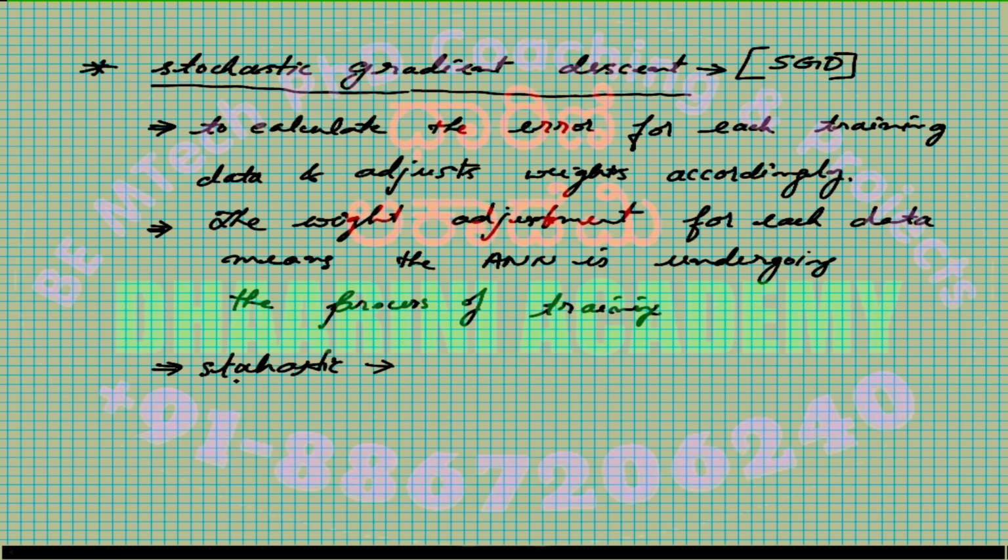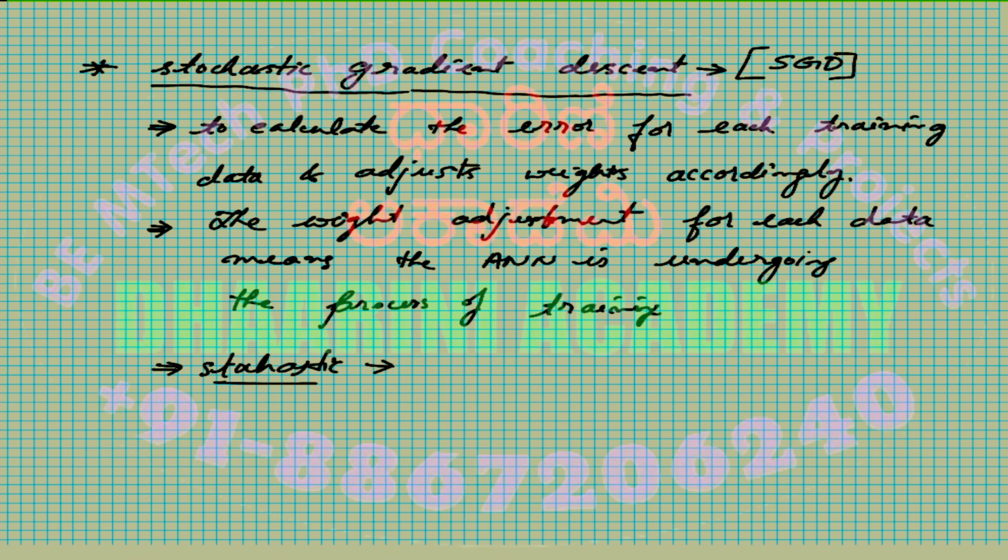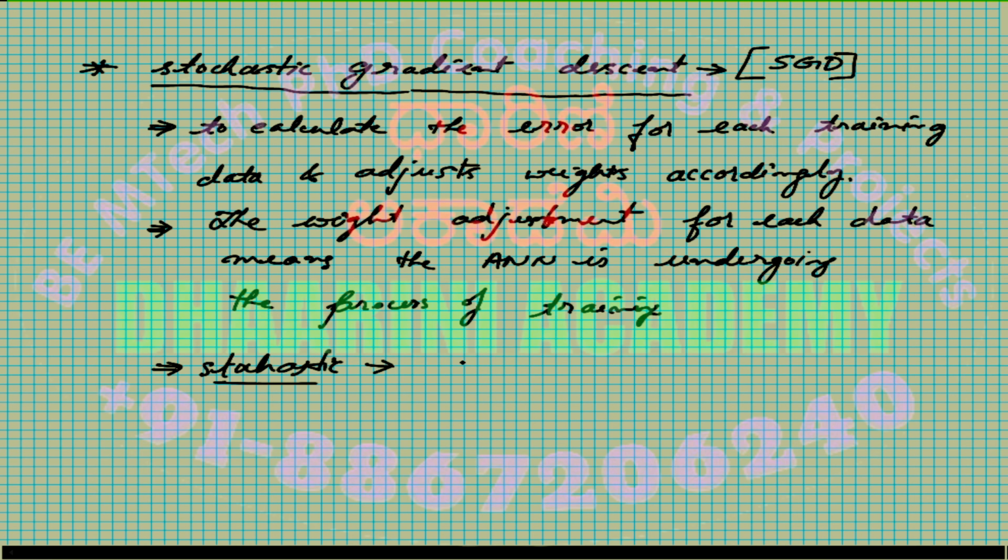We are specifically using the word stochastic because the weight updation, and when I say weight updation, it is actually referring to the training, weight updation and training is completely random.